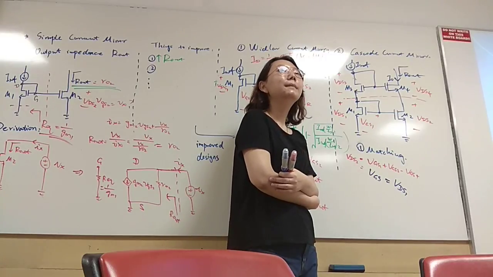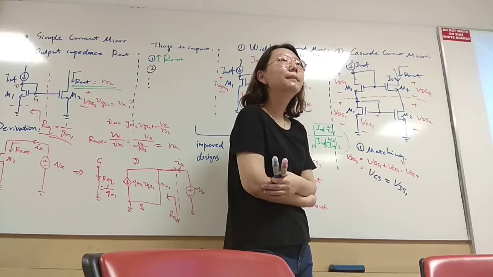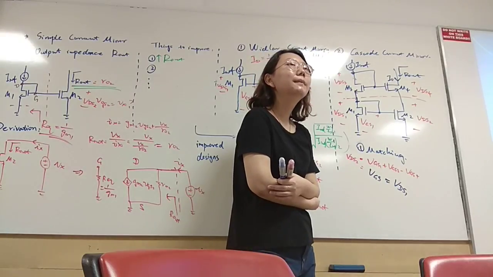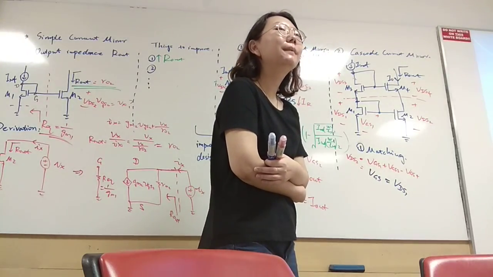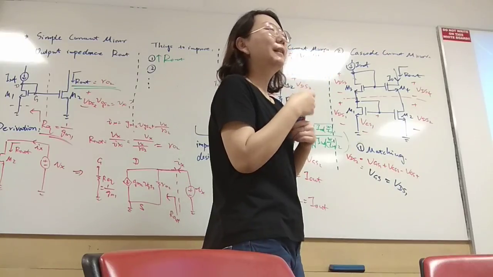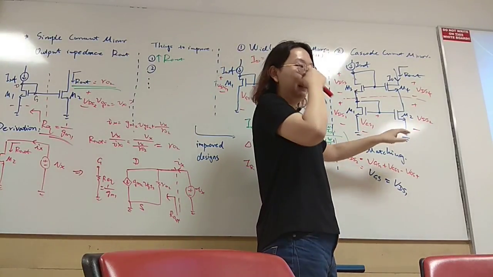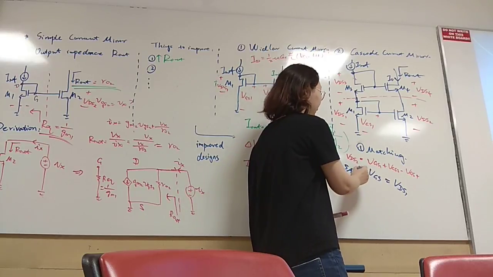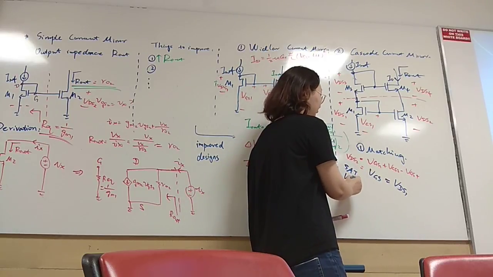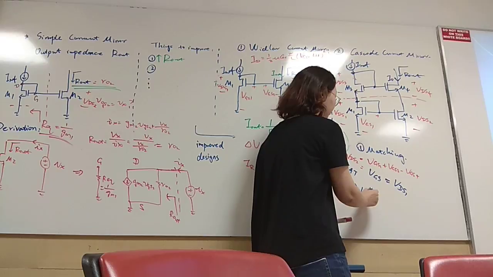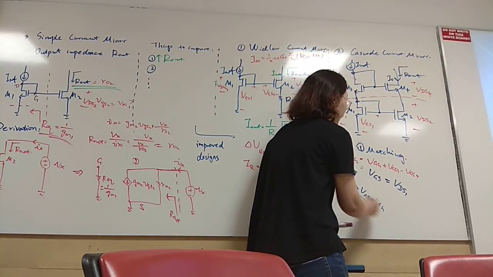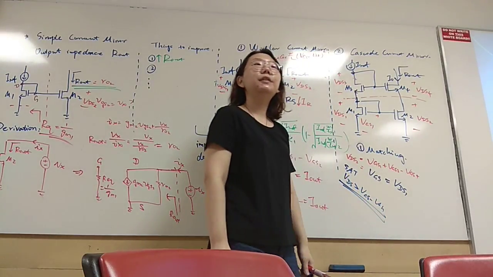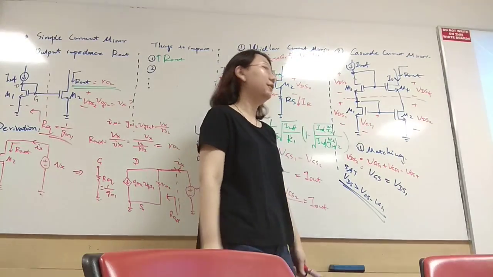Then it has to be higher. The minimum current flows down because we take the VDS. Okay, this part is actually simple. For saturation region, the condition is VDS must be bigger than VGS minus VTH. That's the general condition for your MOSFET to work in saturation region.